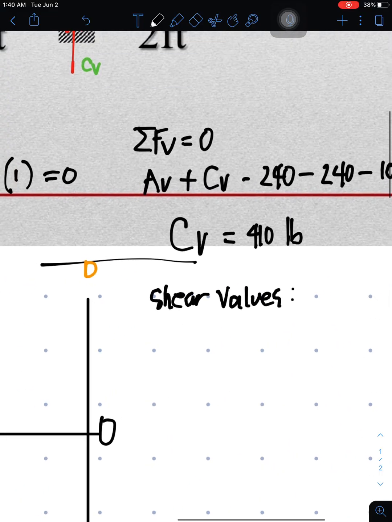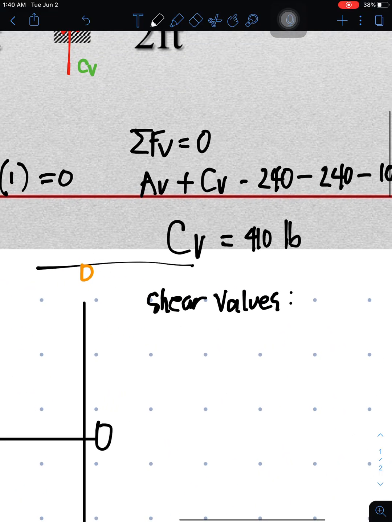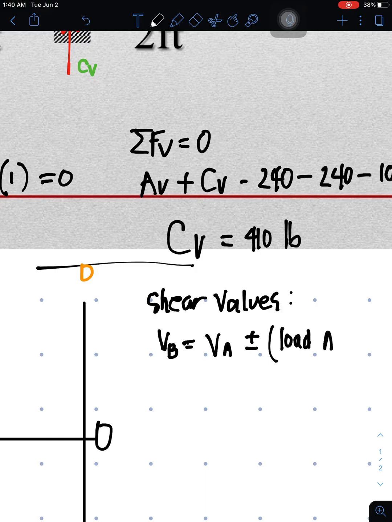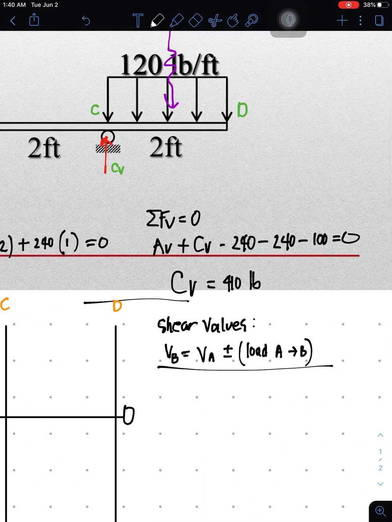Remember, how do we write the shear value? From the discussion that we had, if we're solving for shear at B, then it's going to involve the previous value, which is the shear at A, and then plus or minus the load from A to B. So that is our guide.